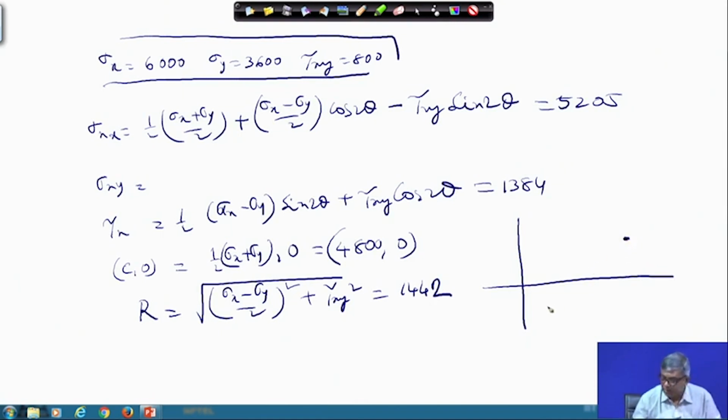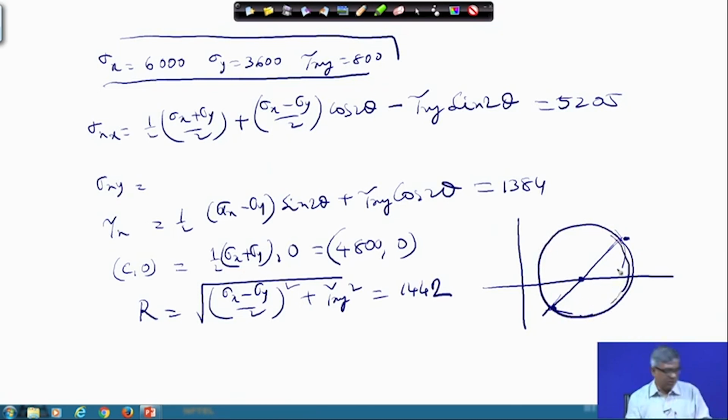From the left face I can locate a point here, I can join them to get the radius, and then this is the center, I can draw the circle. Okay. So, once you get this circle, from this circle I can find out.